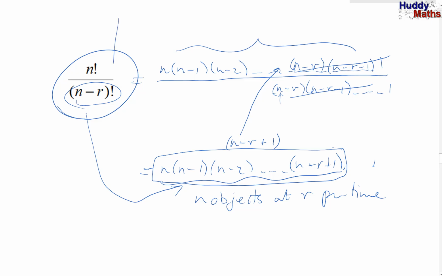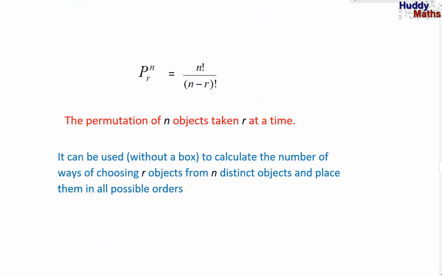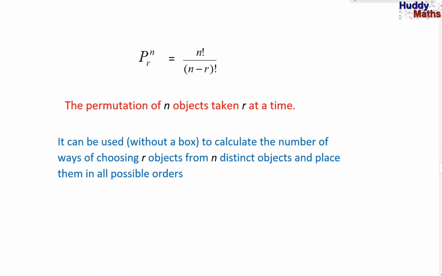So now you understand this as replacing the box for the permutation of n objects taken R at a time. Wow, you're getting good at maths. Let's go down now and have a look. And here's the formal statement. P and R, the permutation of n objects taken R at a time. And this is one of the reasons we tend to write PR for probability.